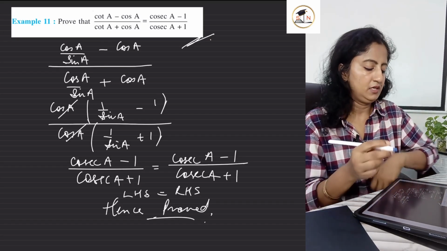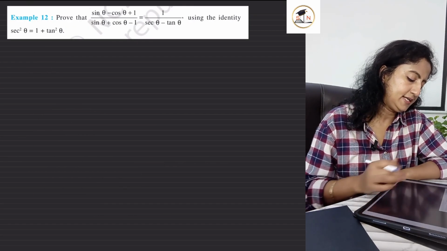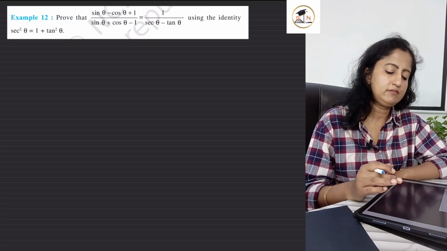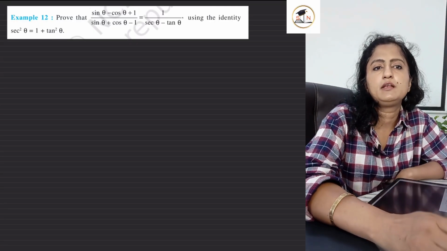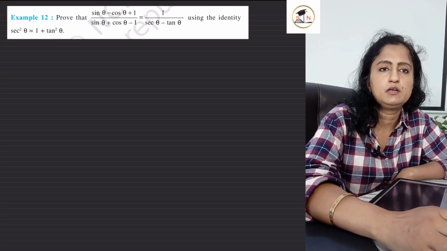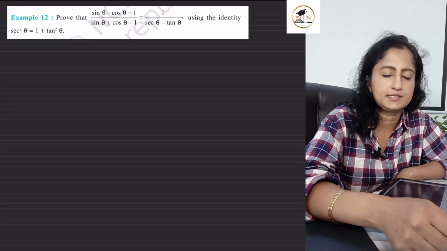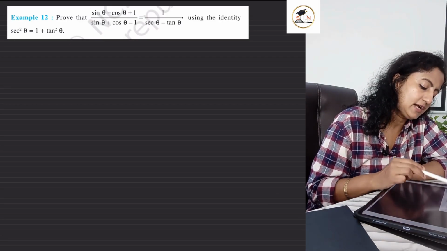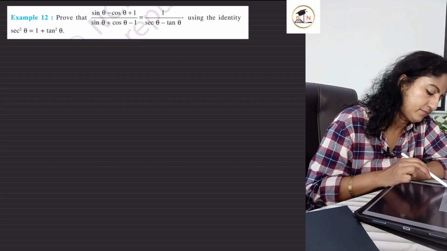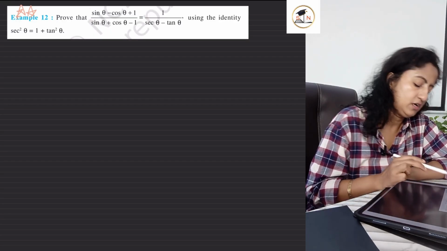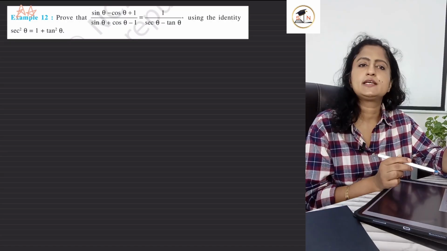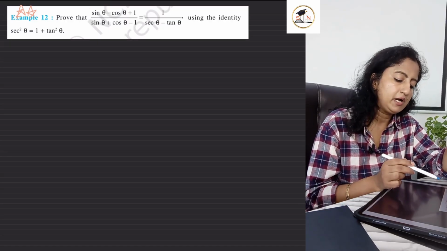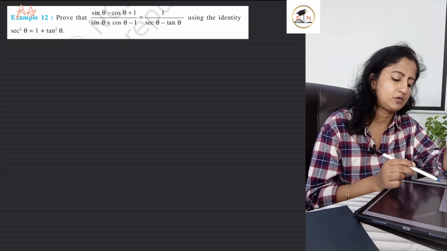Okay. Now, next example 12, and this is the last example of NCERT 8th chapter before you start with the third exercise. Okay, let's start with it. And guys, this is actually a highly important question, very important one. Another version of this question also exists in the exercise, but this example is actually very important.